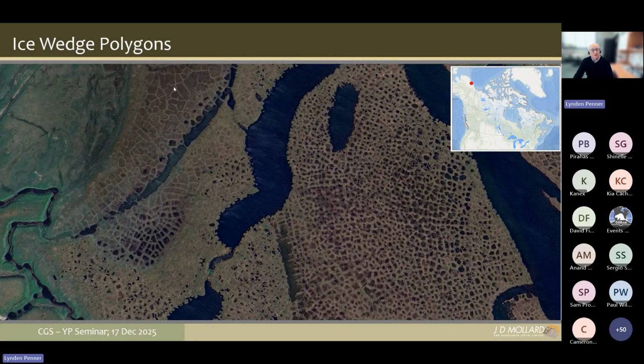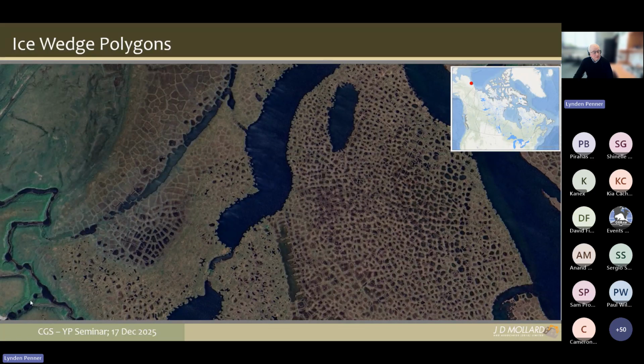So different patterns of polygonal features, different densities related to the soil type, the drainage conditions in a particular area. A very extensive expression of them here.